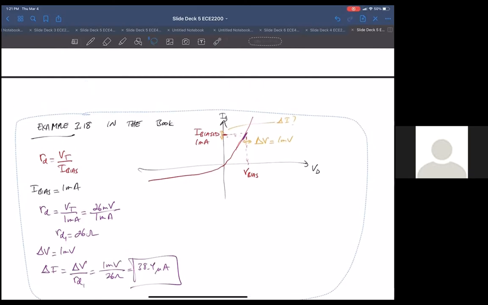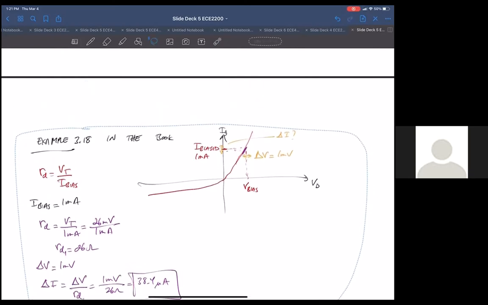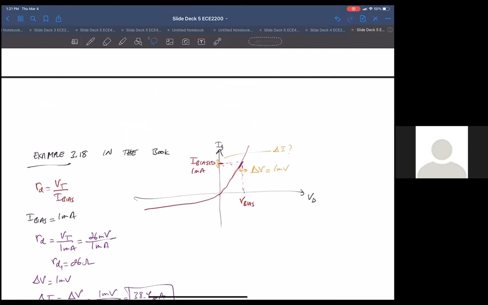Now let's say we picked an I bias of 2 milliamps. That would give us a different V bias, so this would be V bias 1. What would a 1 millivolt change do around an I bias of 2 milliamps?